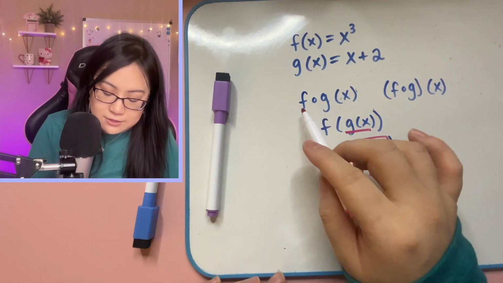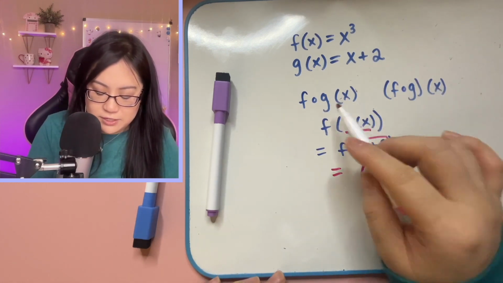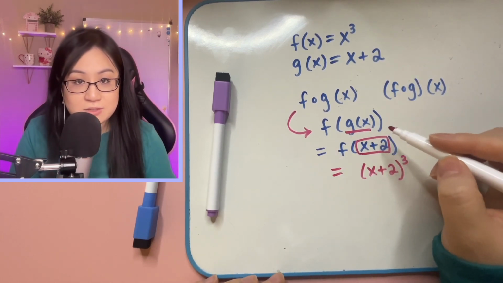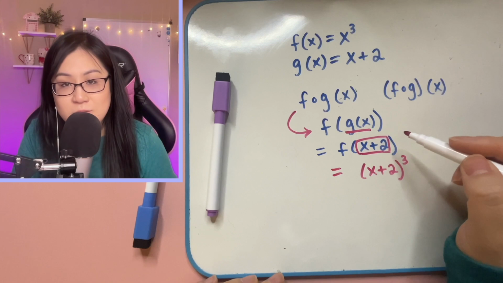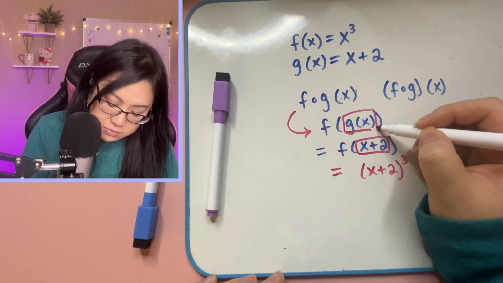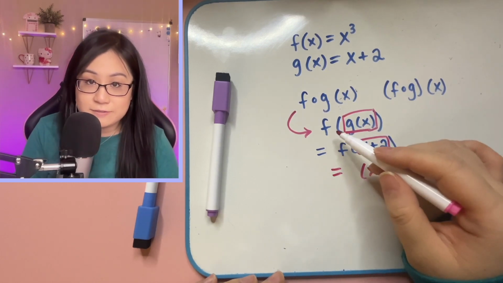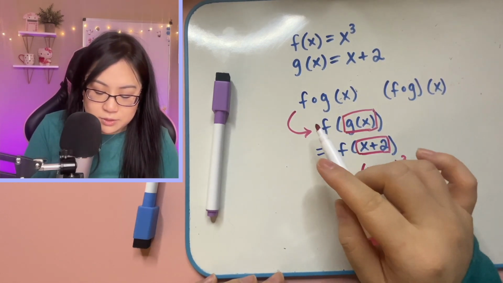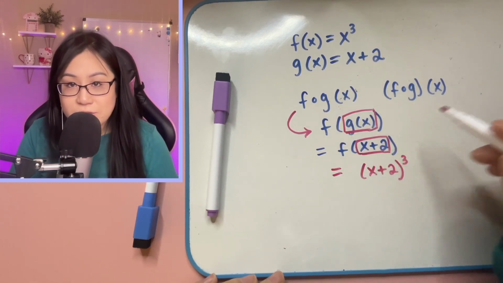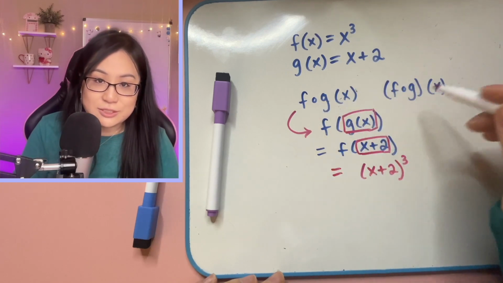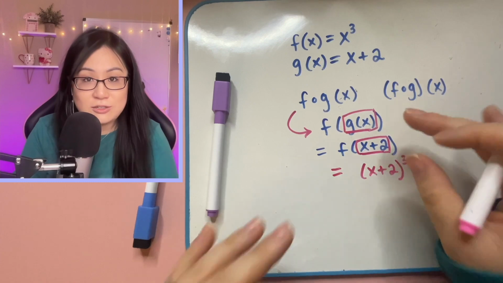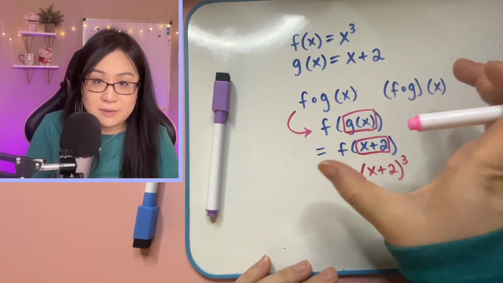So if I see this notation or either of these, I immediately write it like this, because I think this makes it a lot more clear that we are plugging one function into the other. And this one says we're plugging g of x into f of x. So sometimes you'll have several functions chained together in this composition pattern, in which case you start with the innermost function and you move outward step by step.